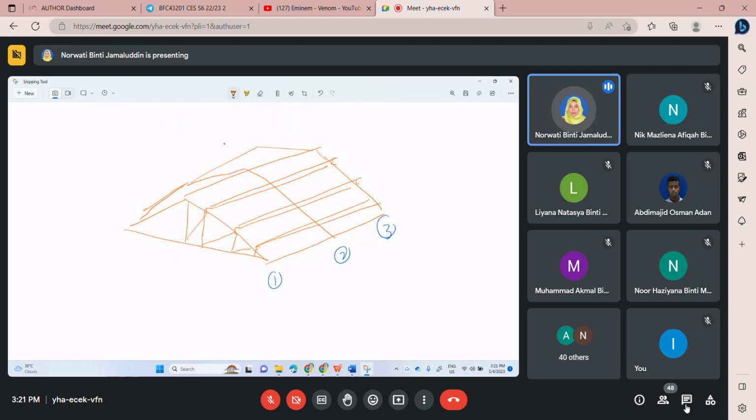And then you have roof covering here. Your roof will be supported by these two purlins, and then you have another roof covering attached to the purlin.